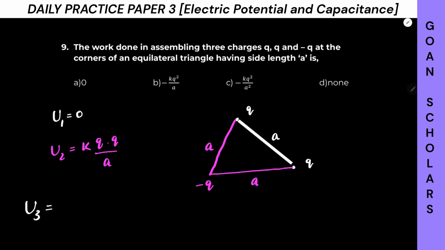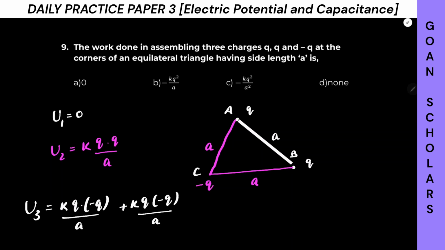This charge will be influenced by the charge at A. This is C, this is B. So U3 for AC will be K Q into minus Q upon A, keeping the signs. And the potential energy required against the second charge will be K Q into minus Q upon again A.